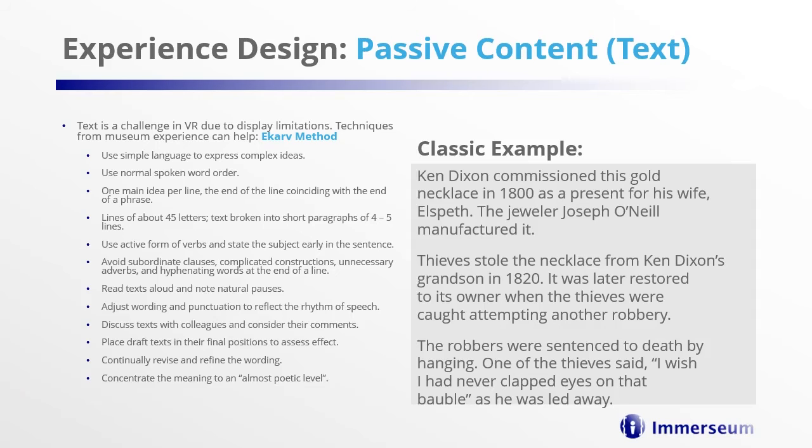Now, in museum studies, there's a technique for dealing with the display of text called the Serrell method. I think Beverly Serrell from Sweden came up with it like 50 years ago. That basically says short paragraphs, 45 letters to a line, and a whole bunch of other sort of guidance about what works in text.